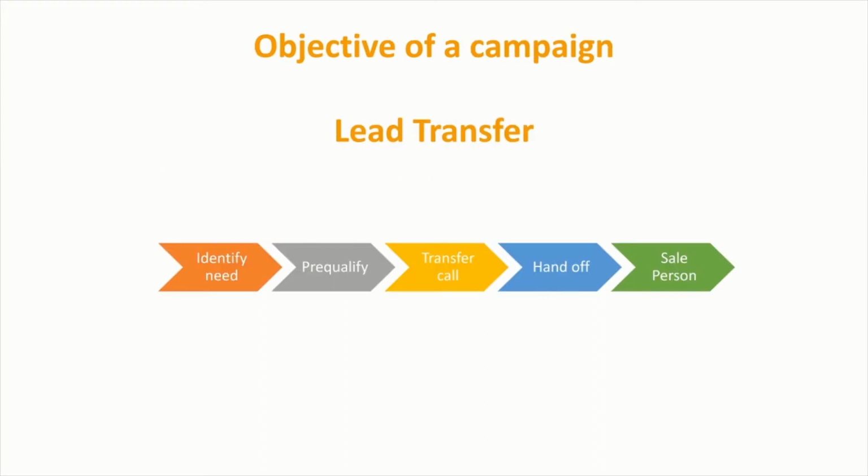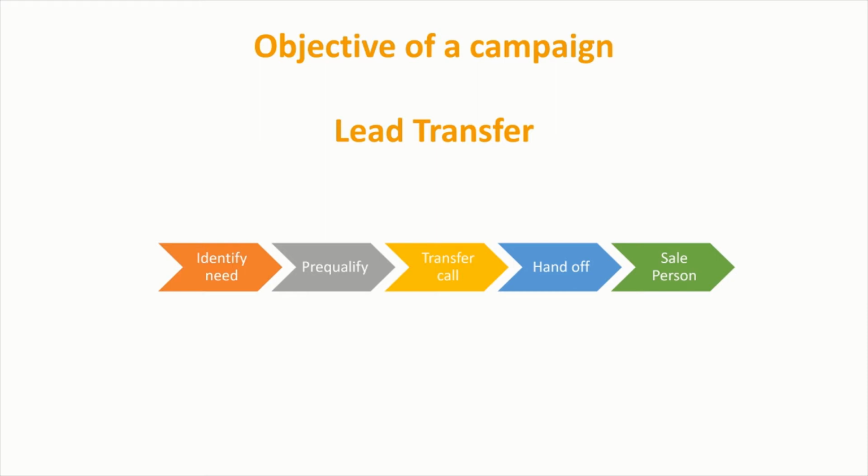Now we look at the actions, the objectives of the campaign. So we start with our lead transfer. We start here with identifying a need. So when we're starting to talk to the customer, to make sure that that need exists. Next is to pre-qualify them. Is this customer going to meet the needs? Is it going to be the right customer for what we're looking for?